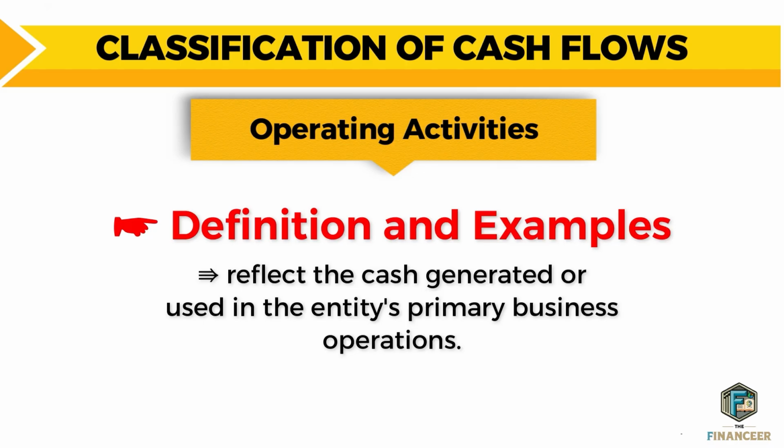So the net cash flow for operating activities will be positive. If the inflow is higher than the outflow, the net cash flow from this group of activities will be positive. And this is very crucial for every entity to make sure of, in order to survive and keep running the operations in the future.